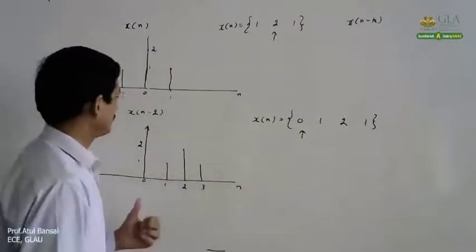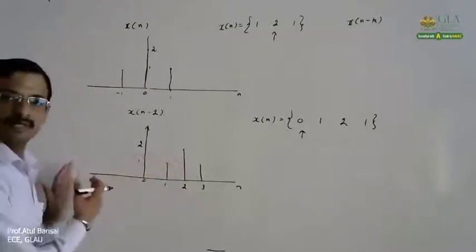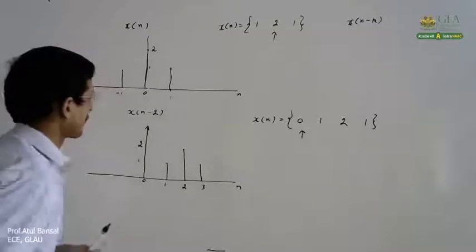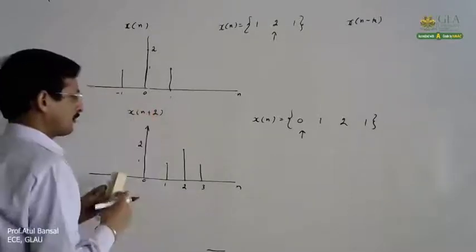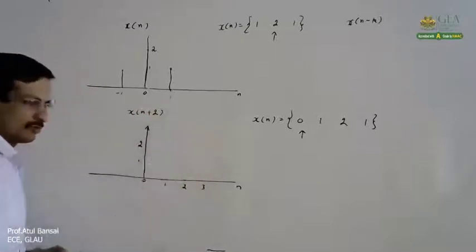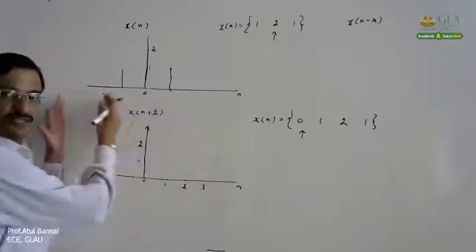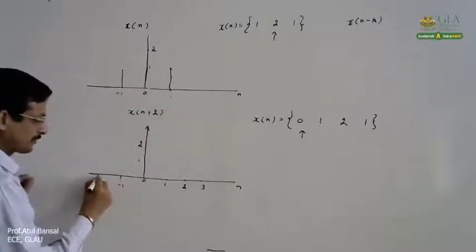In the same way, if we go for n plus 2, the shifting will happen towards the left hand side. Let us see that also. Suppose it is n plus 2 now. This will shift towards the left hand side by 2 units.